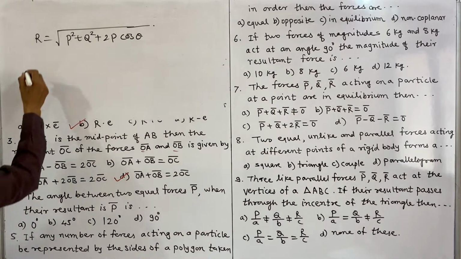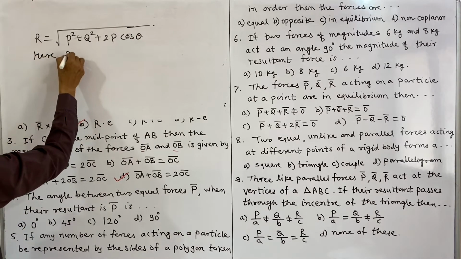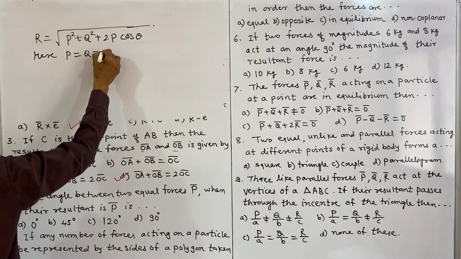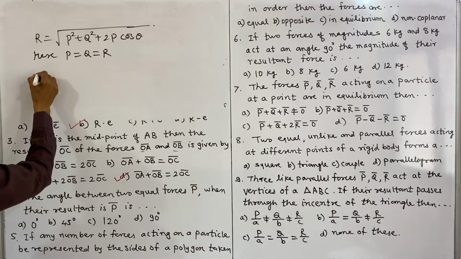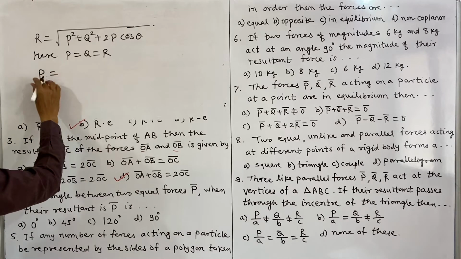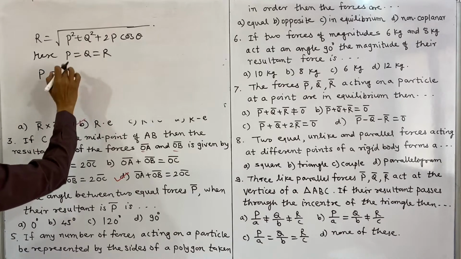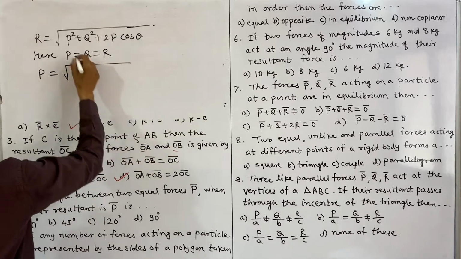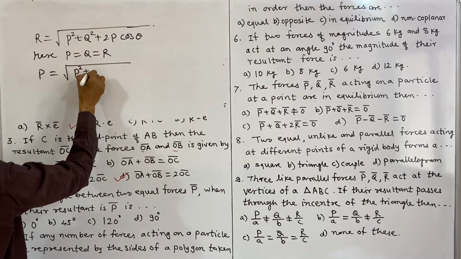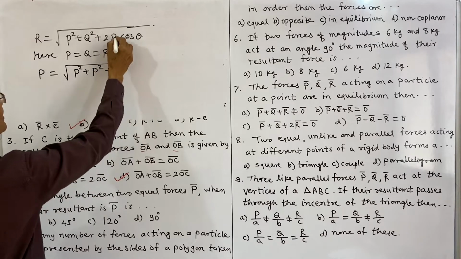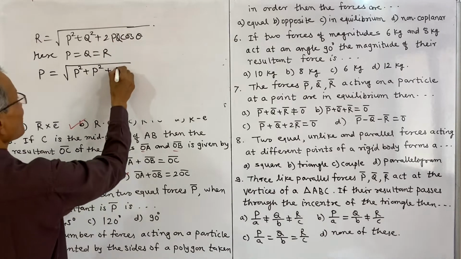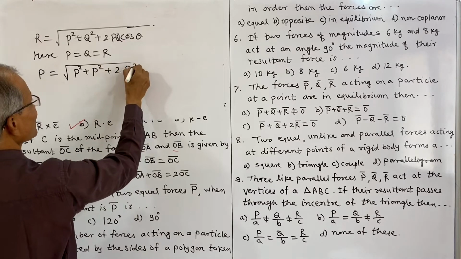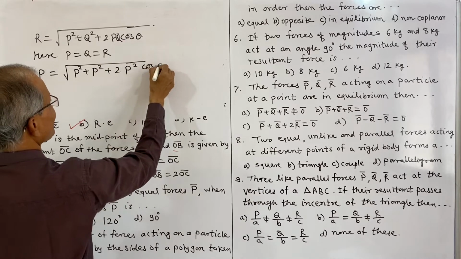Here all are equal. Here P is equal to Q is equal to R, and that means we replace each by P. R is P, Q is also P. So P is under root of P square plus P square plus 2PQ cos theta. So, that is 2P into P, that is P square into cos theta.